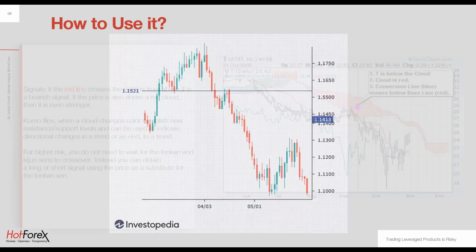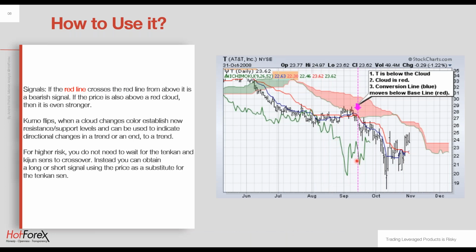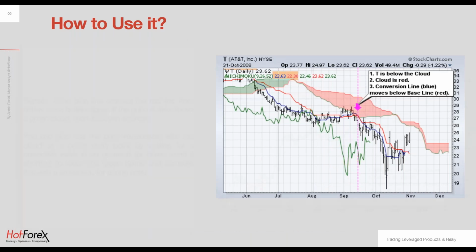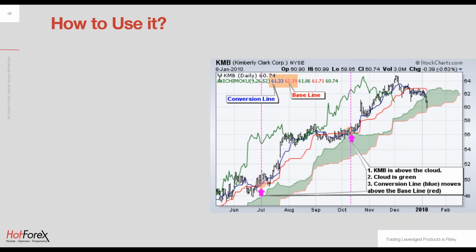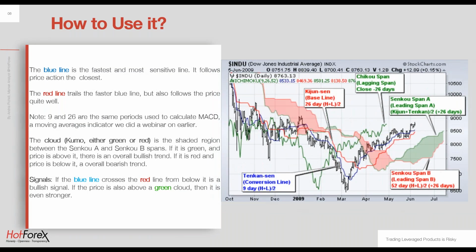Let me get back and remind you of that fifth line that we haven't talked about yet. The Ichimoku span could have been a nice target level.